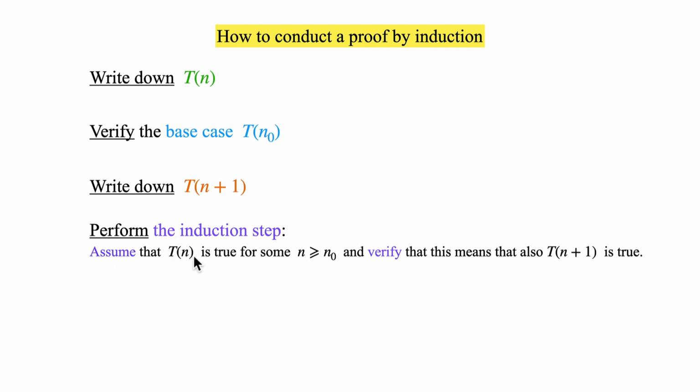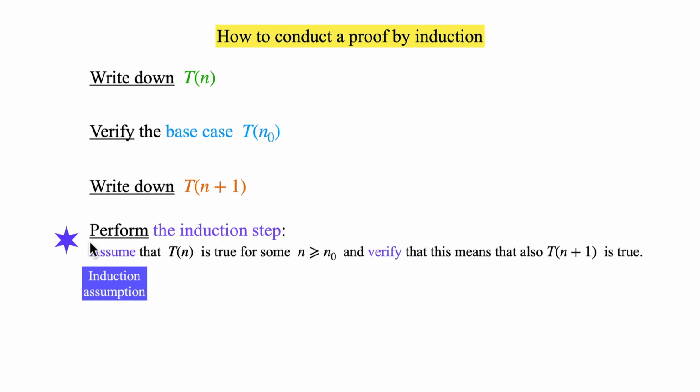Assume that your thesis is true for some n greater than or equal to our starting point, and verify that this being true means that also the thesis for n plus 1 is true. And this is then called the induction assumption, that t of n is true, and this item here on the list gets a star because this is the most intensive part of the proof.